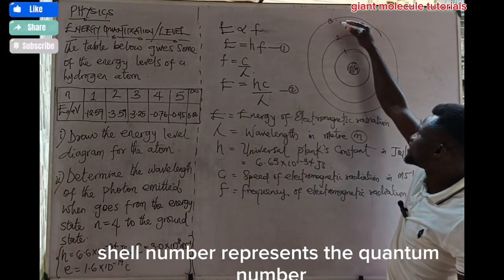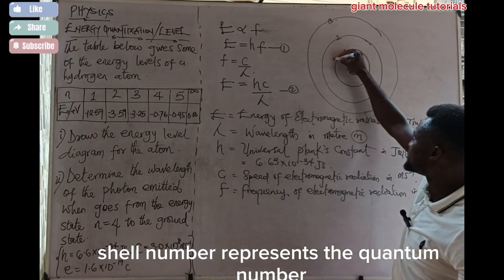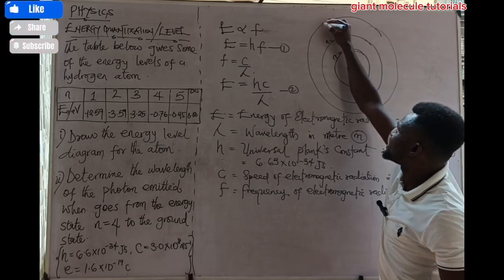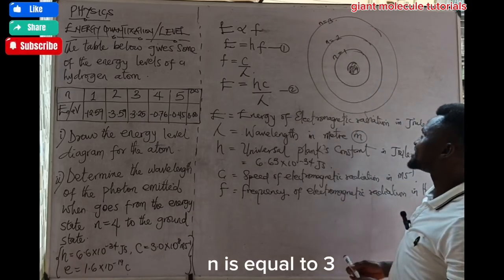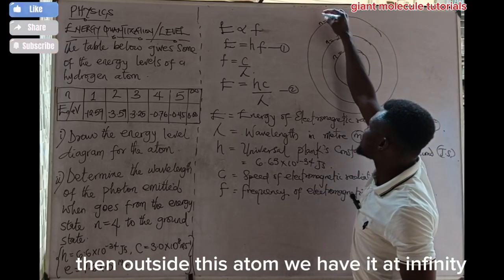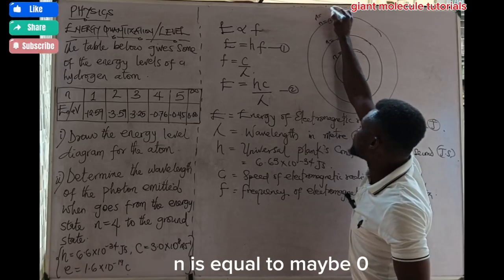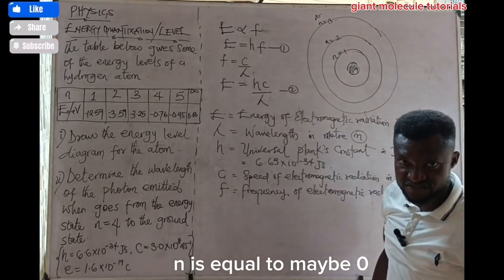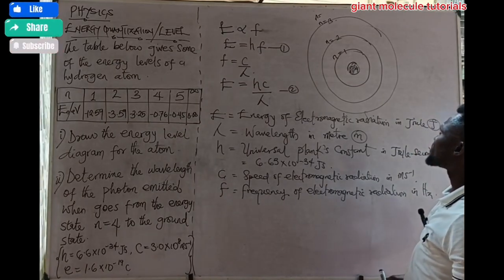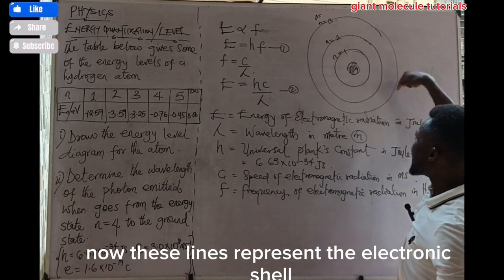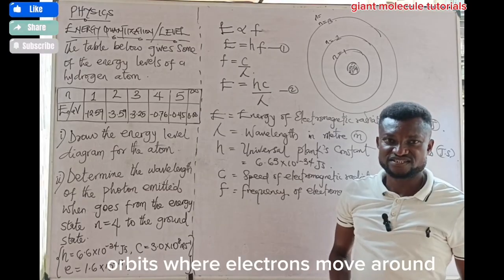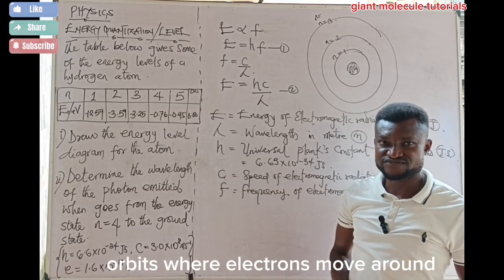This electron shell number represents the quantum number, which is n = 1, n = 2, n = 3. Then outside this atom, we have it at infinity. These lines represent the electron shell orbits where electrons move around.